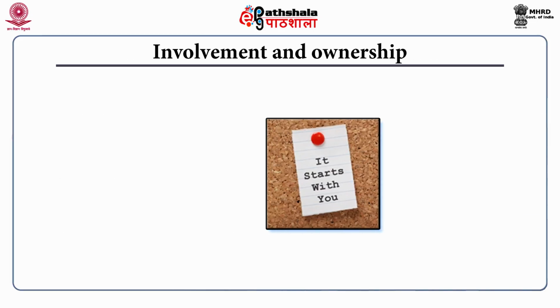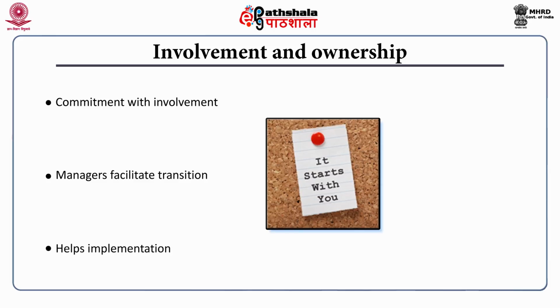Commitment of top management is not sufficient to make a performance management system work. High level of involvement and accountability of managers is also essential. Managers are the connectors that could facilitate the smooth transition of the system. If the managers are taking responsibility for their actions, then it is much easier to implement the performance management in the organization.